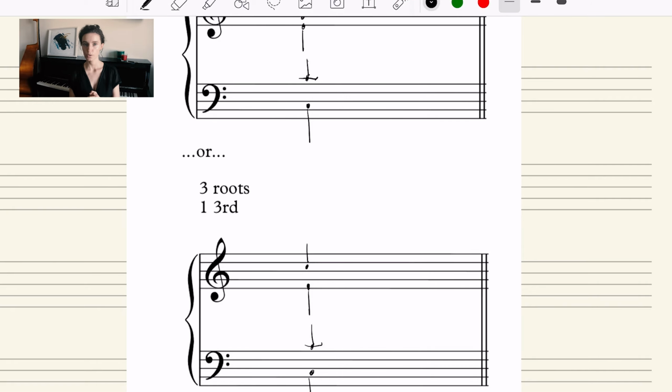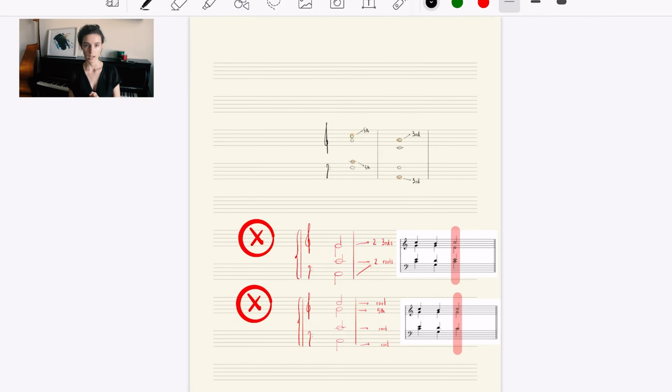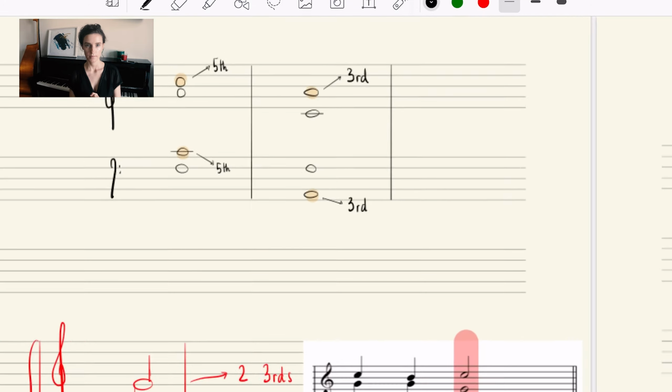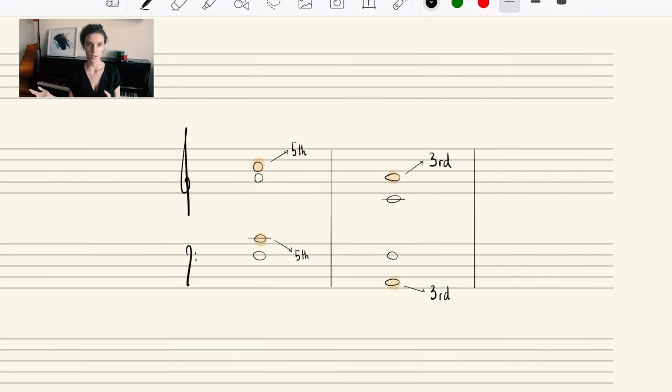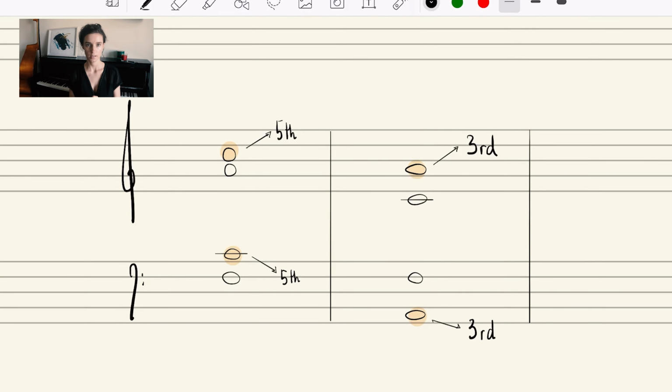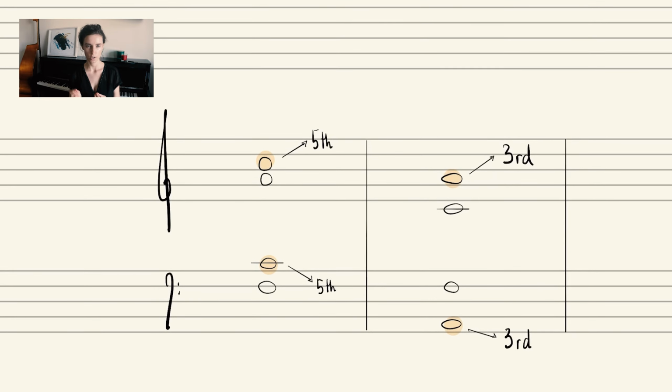Rule number 2 is that any other chords in your chord progression, if they are not the beginning tonic or the final tonic, you can double whatever you want. Later on in the semester, you will learn that there are some situations in which certain tones should not be doubled, but for now, you can double whichever tone you want.